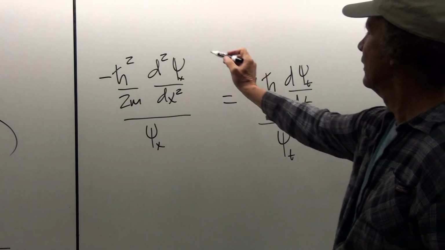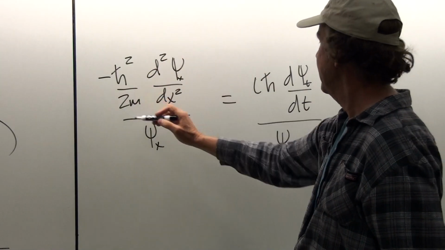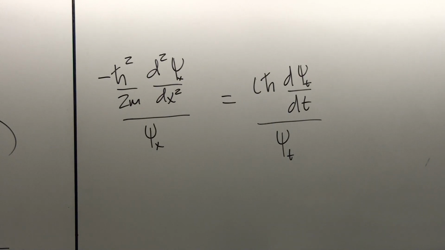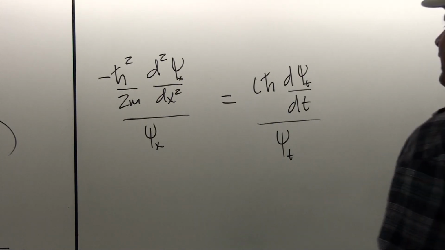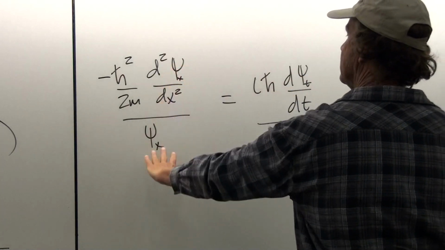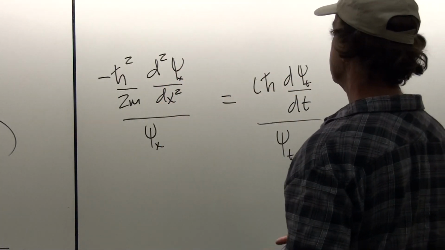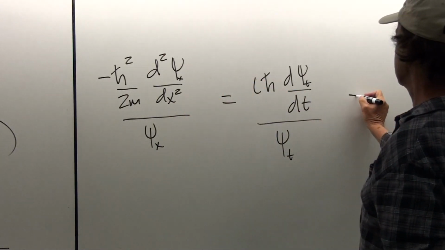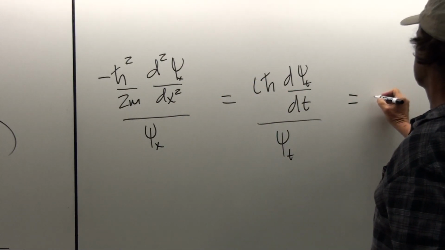So we've got something on the left that's only a function of x, and something on the right that's only a function of t. The only way that these two things can be equal to each other is if they're both equal to a constant.